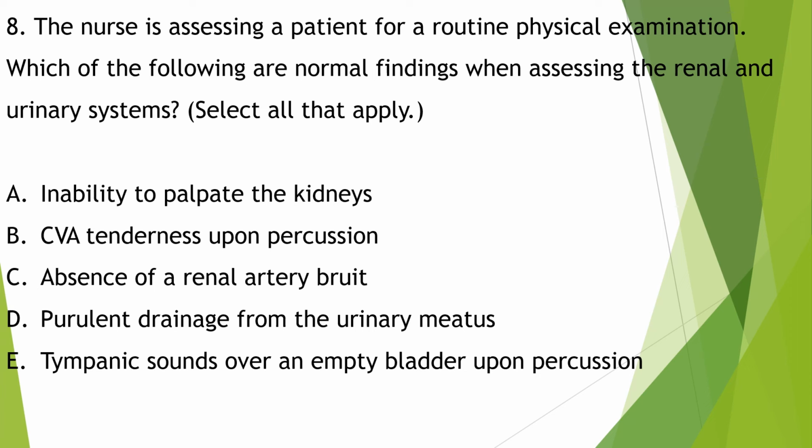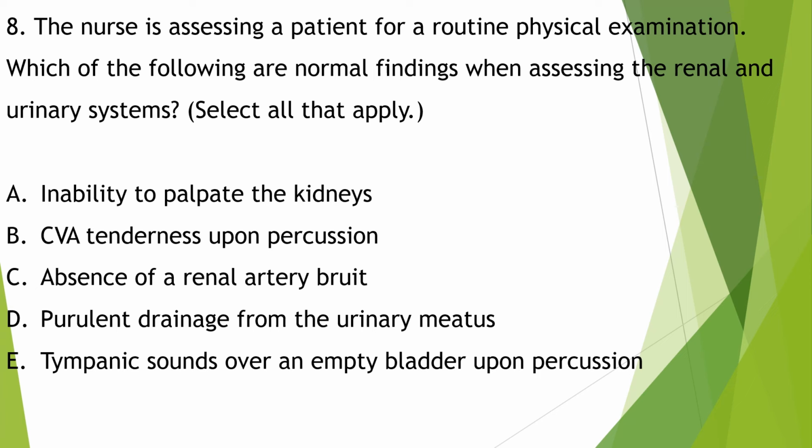It is normal for the kidneys to be non-palpable in healthy adults. This costovertebral angle tenderness upon percussion is abnormal and indicates a kidney infection. The presence of a renal artery bruit is abnormal and indicates turbulent blood due to narrowing of the artery or increased blood volume.